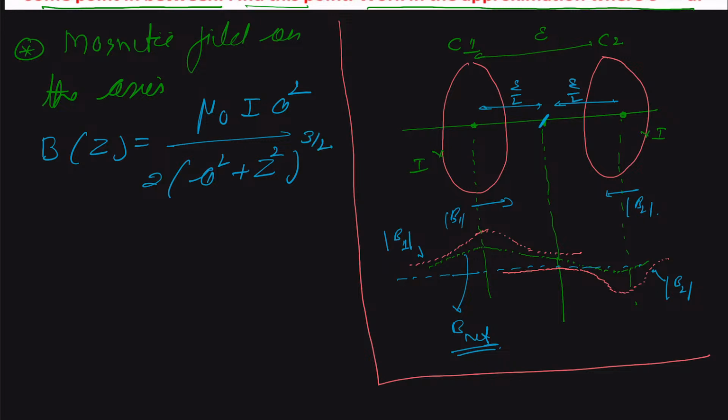Okay. And we are having 2 rings, so accordingly we can find out what will be the net value of our magnetic field.